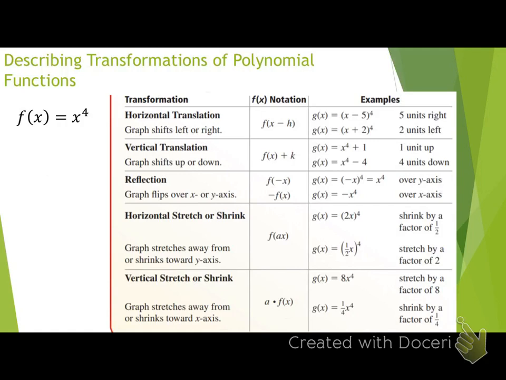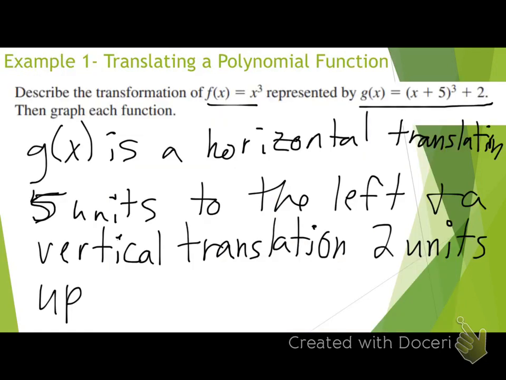Inside parentheses, it will be the opposite for adding and subtracting. Okay? So if this was x minus 5, I would have gone 5 units to the right. Outside the parentheses, you follow the signs. Positive 2, you're going up 2. Minus 2, you'd be going down 2. Everyone got that? Okay. What else does it want me to do for this problem?